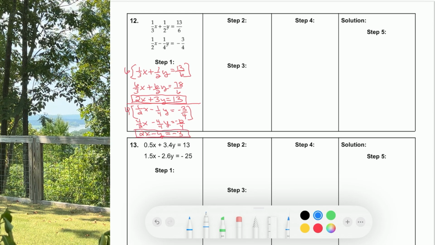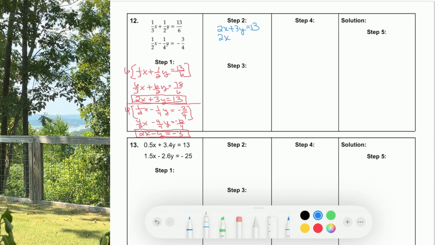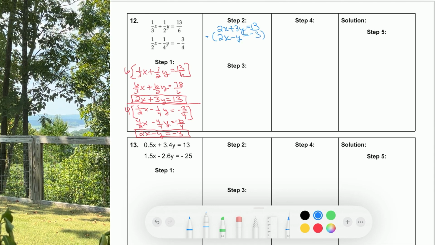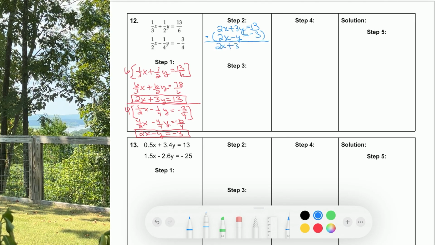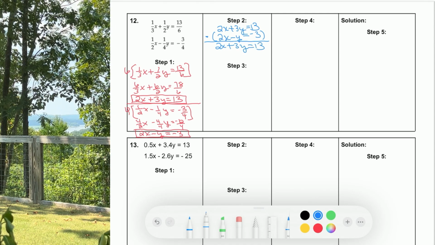Bring them up over here. 2x plus 3y equals 13. And 2x minus y equals negative 3. I'm going to multiply this one by a negative so that I can cancel out my x's. So I get 2x plus 3y equals 13.